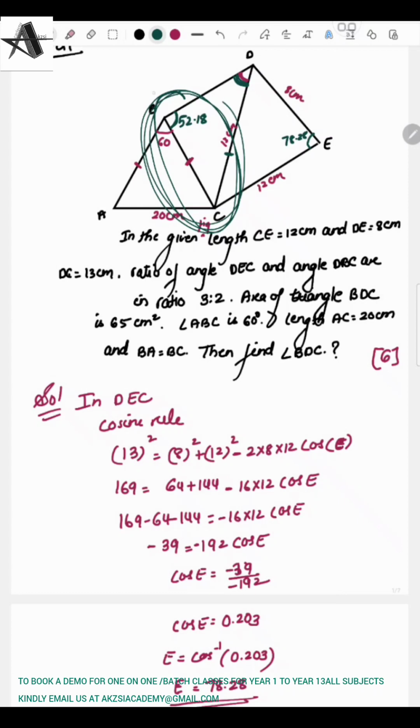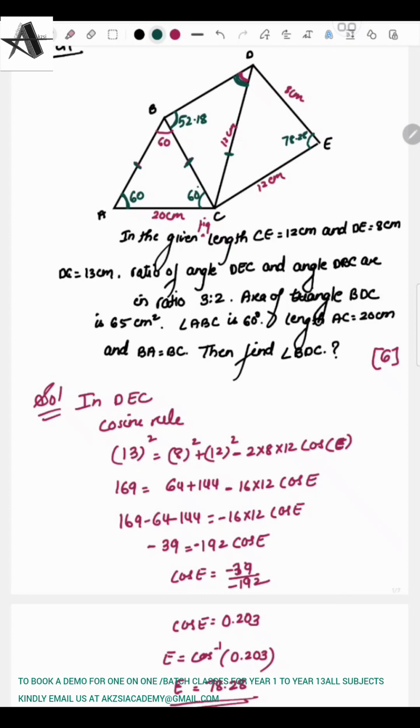To calculate BC also we have some information given: in this triangle AC is 20 centimeters, angle B is 60 and these two are already mentioned as isosceles. So if they are isosceles, that means these two sides are equal. That means I can clearly say that each will be 60 degrees and 60 degrees. That means it's definitely an equilateral triangle.